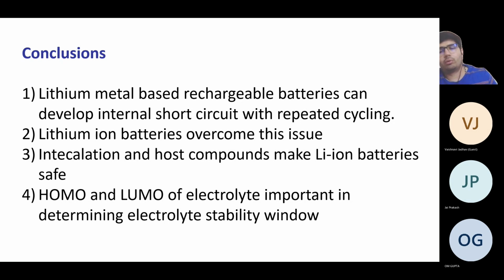They will go through the dendritic growth, and a short circuit will happen. Lithium-ion batteries overcome this issue, and intercalation and host compounds make lithium-ion batteries safe. And the HOMO and LUMO of the electrolyte are important in determining the electrolyte stability window.